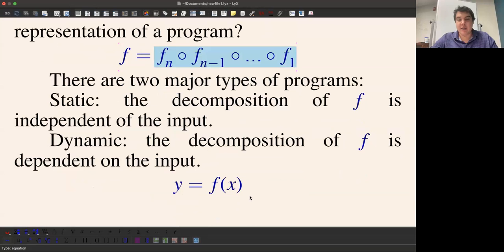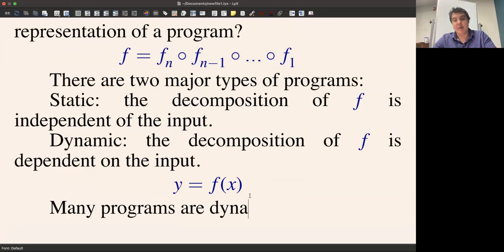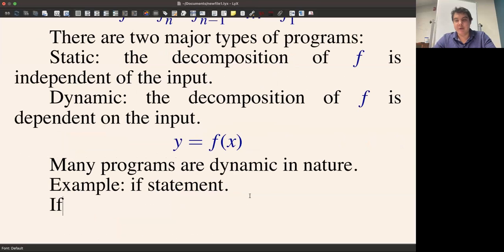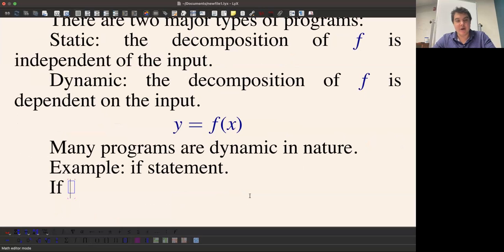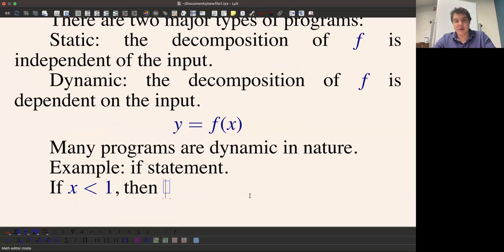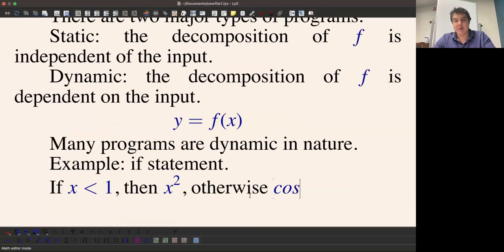But the key issue is that many programs are dynamic in nature. An example is an if statement. I'm not going to write down a full if statement in LaTeX here, but I'll do something like: if x is less than 1, then x squared, otherwise cosine of x.